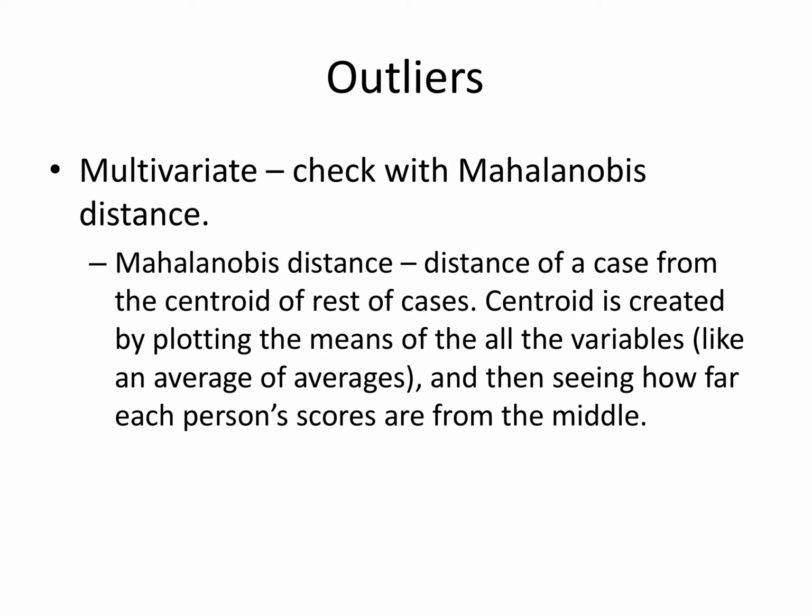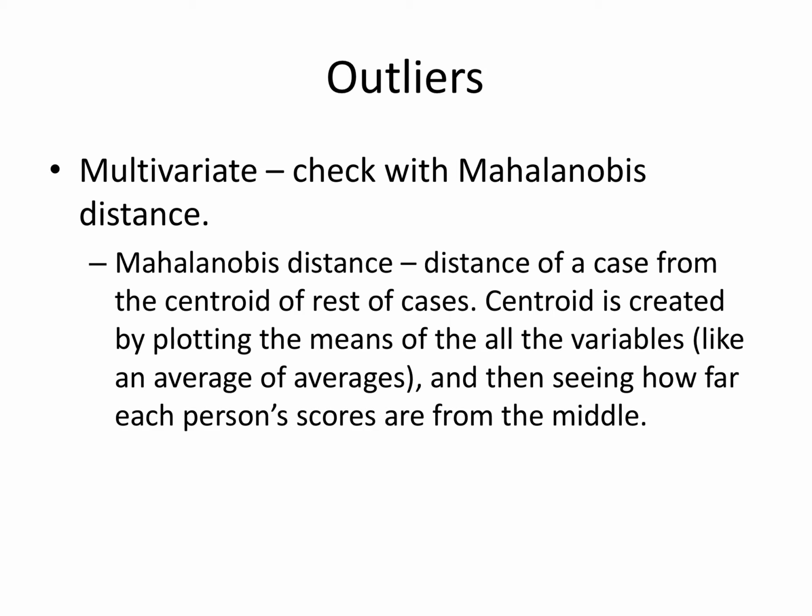distance of a person, so a case, each person from the centroid. Okay, a centroid is like the middle of the middle of the middle. And so if you think about the centroid as maybe the middle of town, and it measures how far apart each person is from the middle of town.